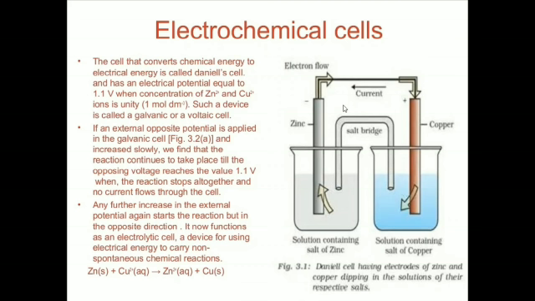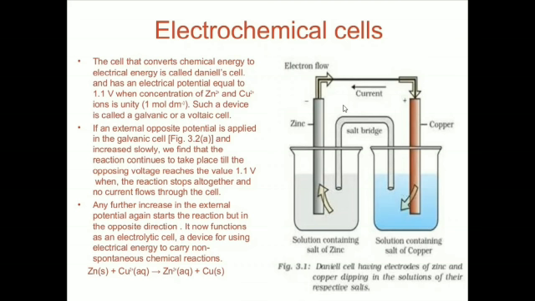That is called Daniell cell and has an electrical potential equal to 1.1 volt when the concentration of Zn2 plus ion and Cu2 plus ion is unity. That means 1 mole per decimeter cube is taken. Such a device is called a galvanic or voltaic cell.